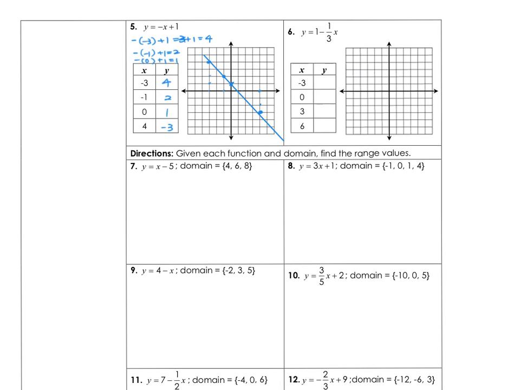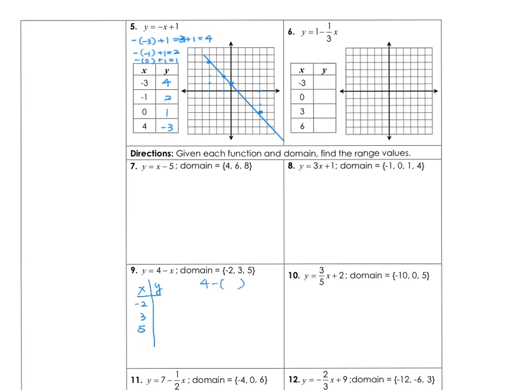All right, let's look at some of the ones at the bottom. These, the domains are given, but I'm asked to find the range. So I will do number 9. Domain is all the x values. So you have to create a table and put your x values in here. Then you calculate it.